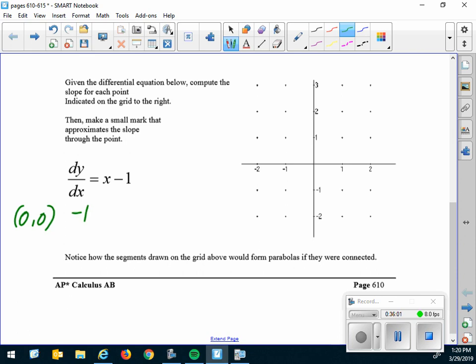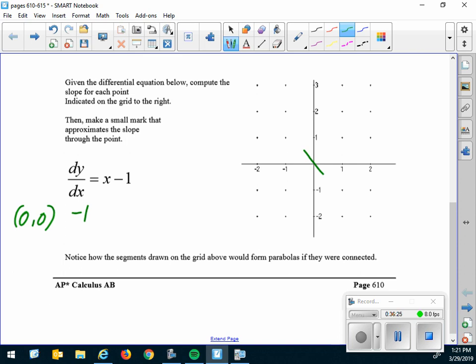Yeah, it's -1, isn't it? So I'm going to go to the point 0, 0, and make a little mark, just a little tangent line that has a slope of -1. And that's all I'm going to do. A slope field is just a bunch of those.